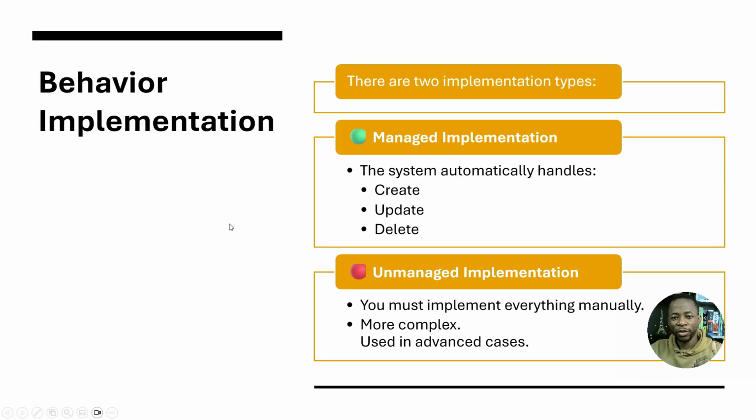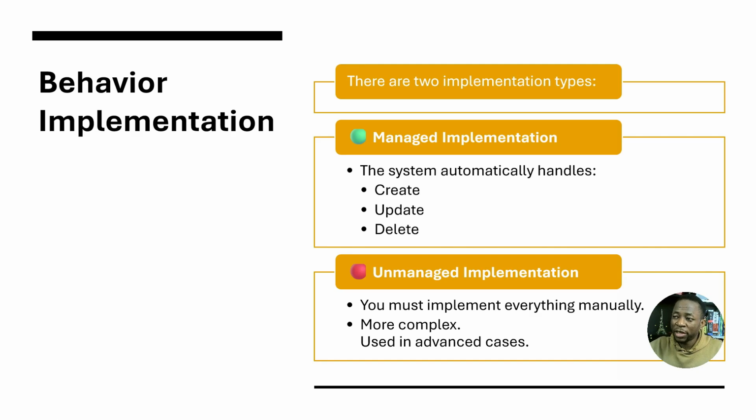After you have defined the business behaviors, you also need to define what we call the behavior implementation. There are two implementation types. The first one is the managed implementation type, like you see when we're creating, you see the option to select either managed or unmanaged implementation. For the managed implementation, the system will automatically handle the create, the update, and the delete.